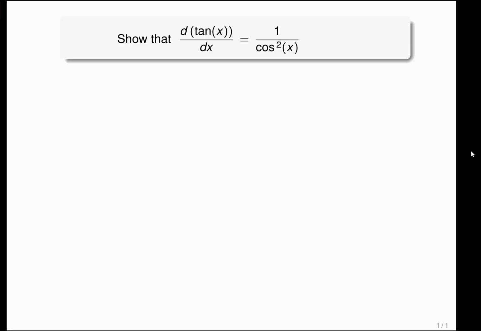Alright, let's now find a way to differentiate tan x. To do this, recall that for all x, tan x is just the function sine x on the function cosine x. This is an important trigonometric identity and shows that the tan function can just be synthesized from the basic functions sine and cosine.